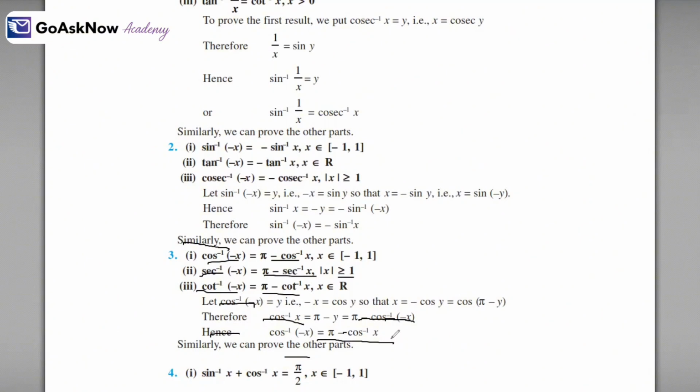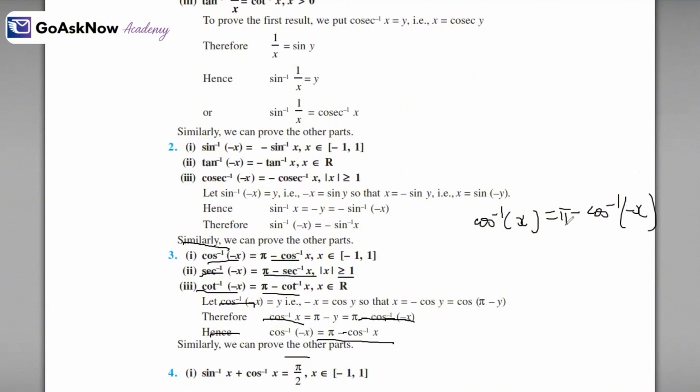Because cos inverse of minus x is what? Your cos inverse x only. So that is why it is coming equal to what? If you see from here, you are getting cos inverse of x is equal to pi minus cos inverse of minus x.